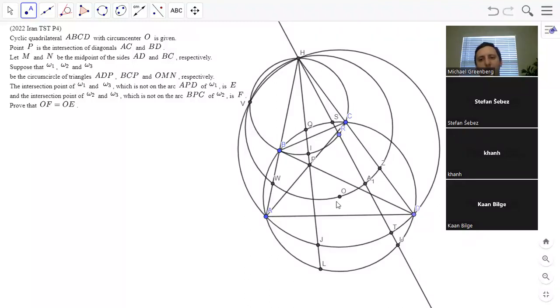And then this is perpendicular, so it follows that SR equals TU. Interesting. I like that. Very nice. So that basically solves the whole problem.